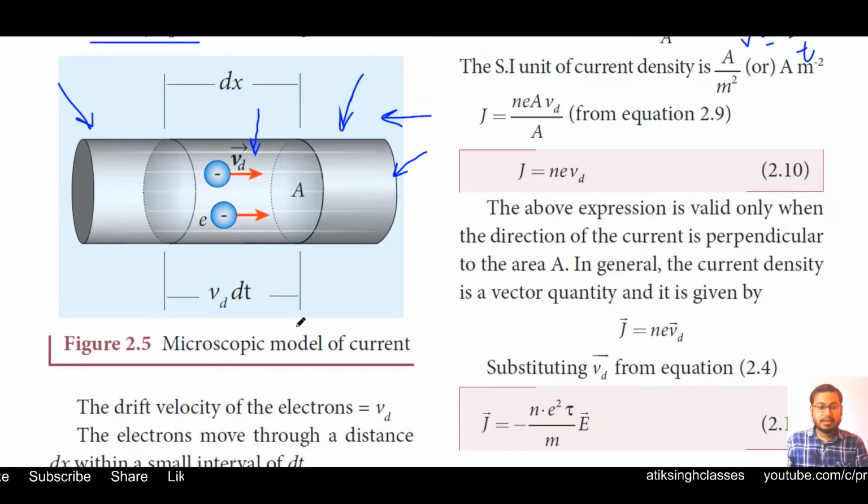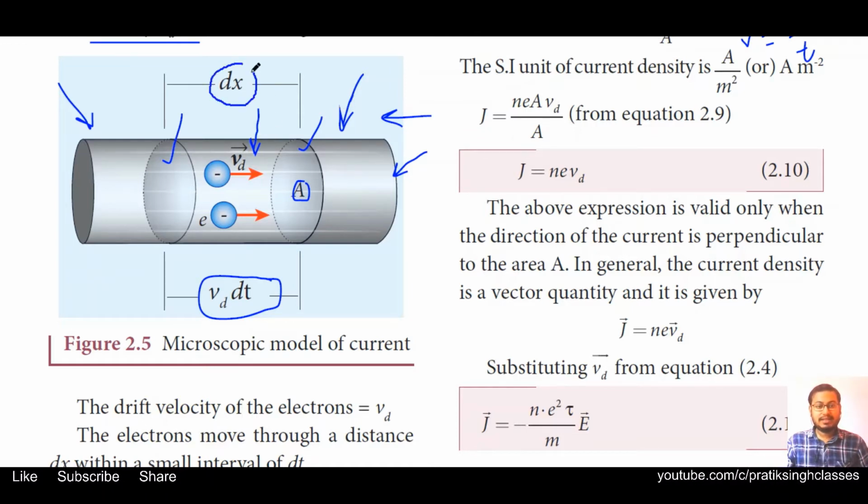Now see, it is given Vd dt. What is the meaning of Vd dt? Two regions are given. Suppose this is the first region and this is the second region, of the same cross section area A. The distance between them is dx, and we have to find the value of this dx.